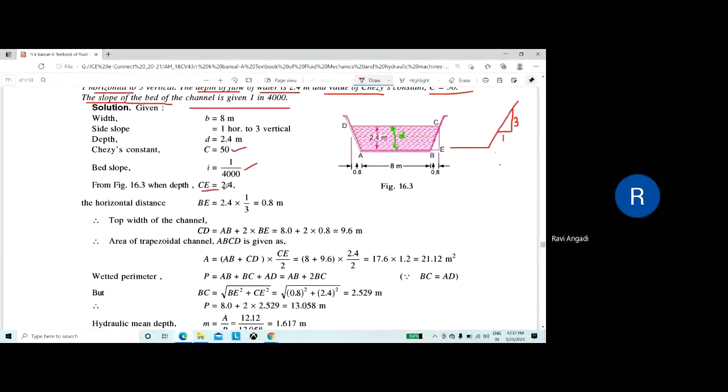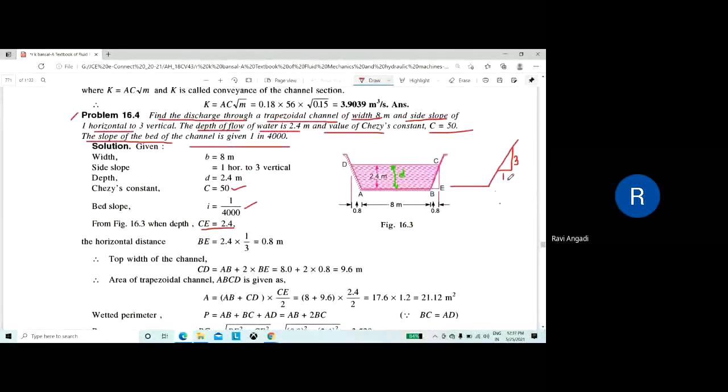When the depth is 2.4 meter and the side slopes are given here, you need to calculate this inclined length, or what you call the slant length, from here to here.